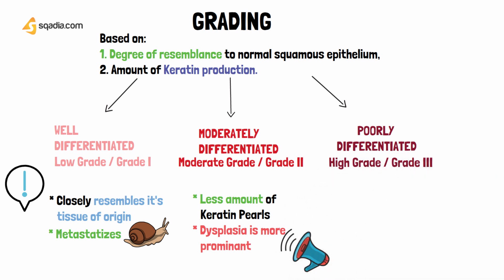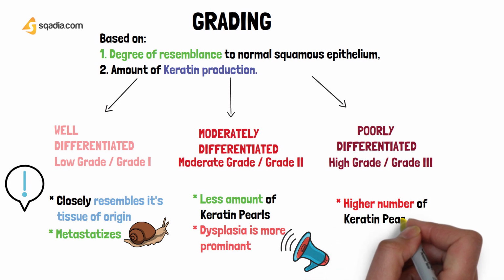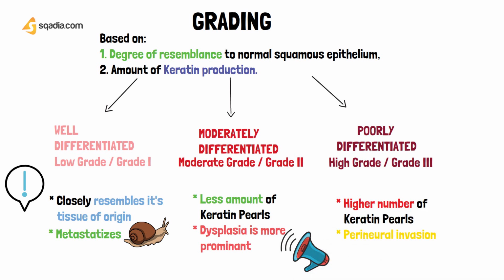In this, there are going to be high levels of keratin pearls and there's also going to be the presence of perineural invasion, meaning that the high grade type of the squamous cell carcinoma is not going to resemble its original squamous epithelium. So it is going to be more dangerous as compared to the low grade kind.